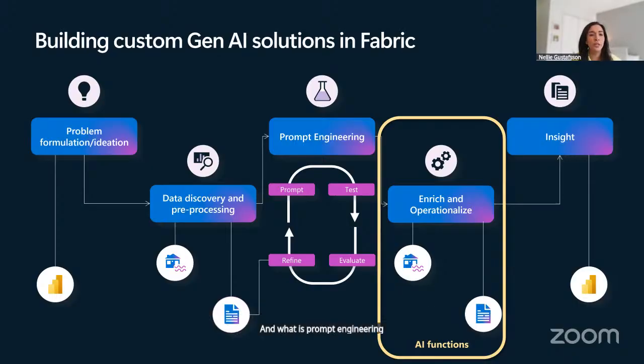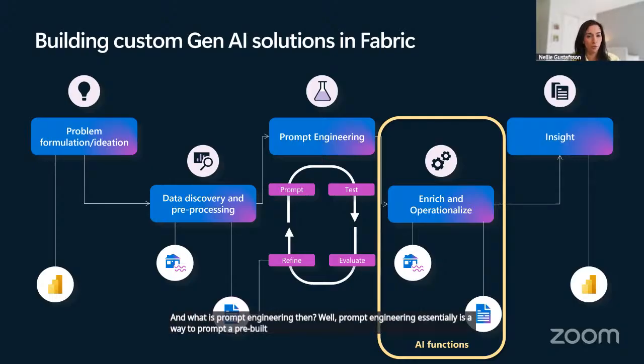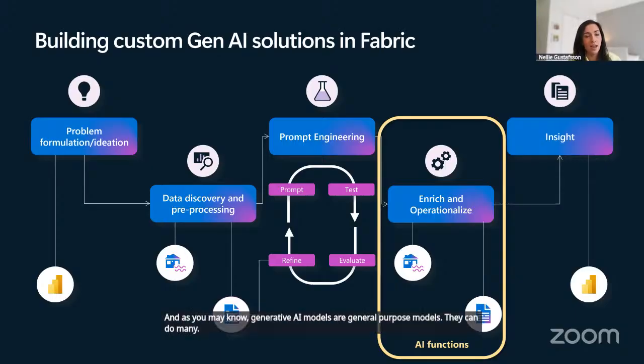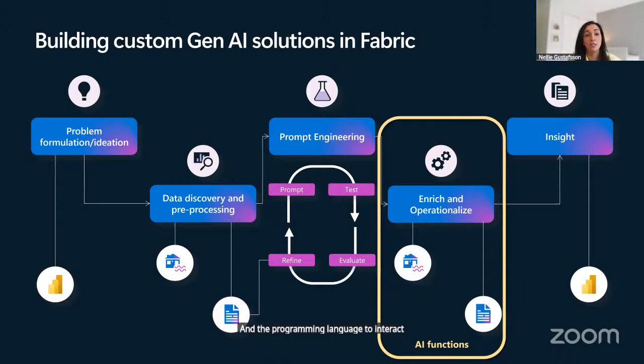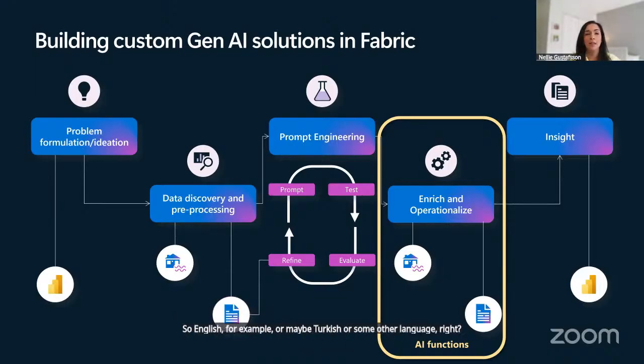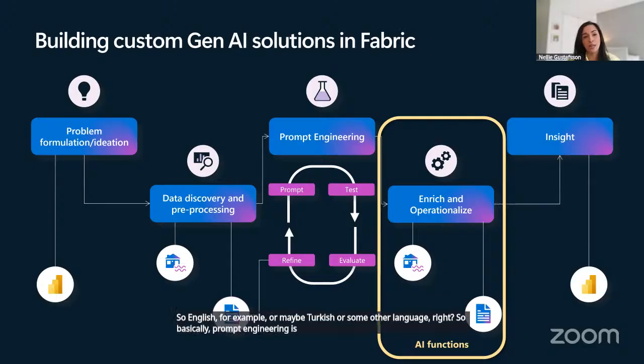Well, prompt engineering essentially is a way to prompt a pre-built generative AI model to do tasks that you require of it. And as you may know, generative AI models are general purpose models. They can do many, many different things. And the programming language to interact with a generative AI model is natural language. So English, for example, or maybe Turkish or some other language, right? So basically, prompt engineering is a way to use natural language as a programming language to get the AI model to do what you want.